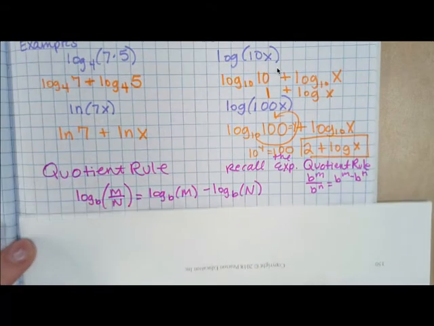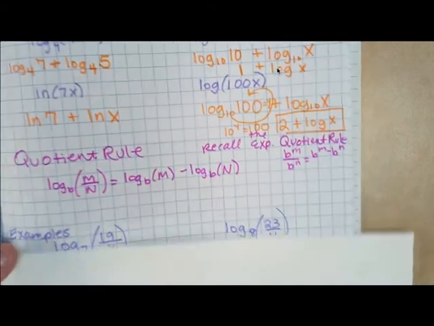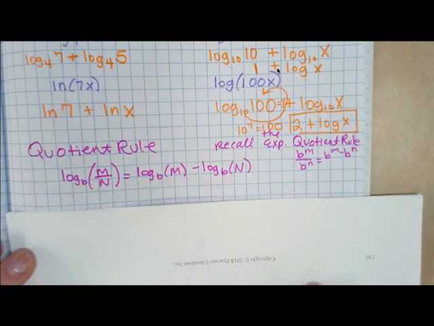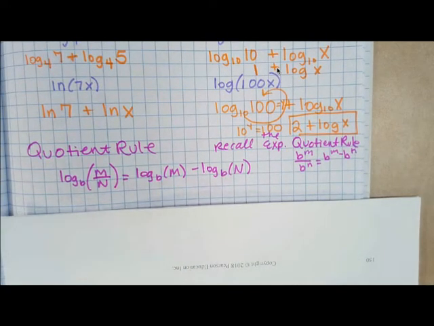Okay, the quotient rule is the next one. It's similar to the exponent quotient rule.